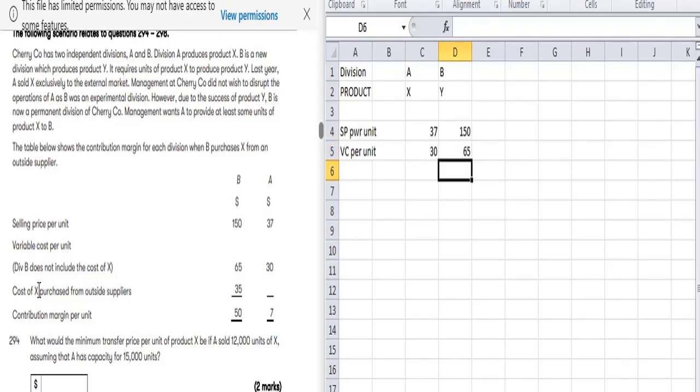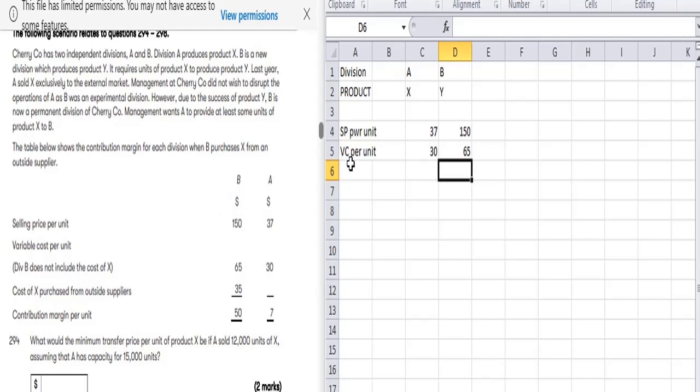Note here that the question has told us division B's cost does not include the cost of X, meaning whatever price is charged by division A for selling X to division B has not been included in this cost.